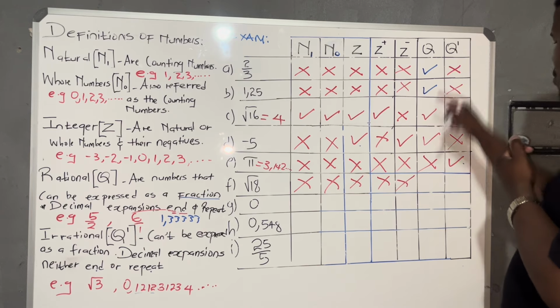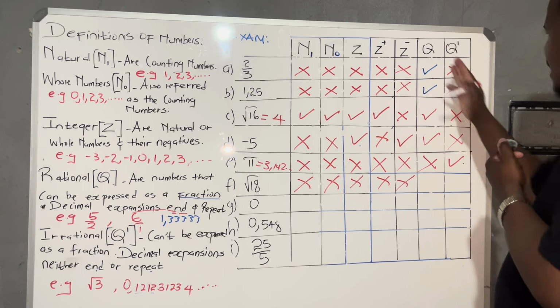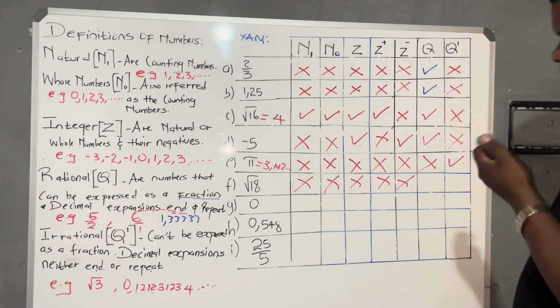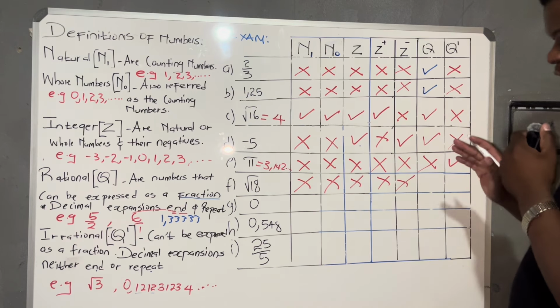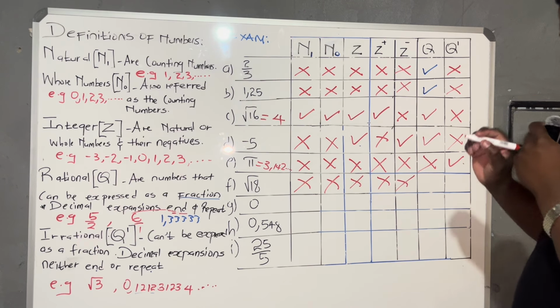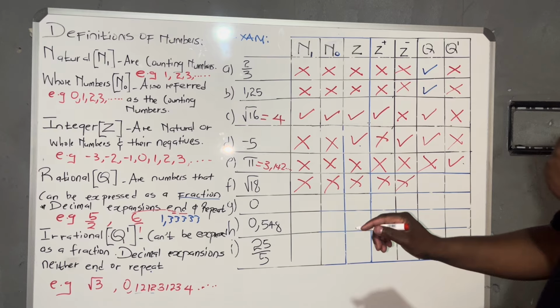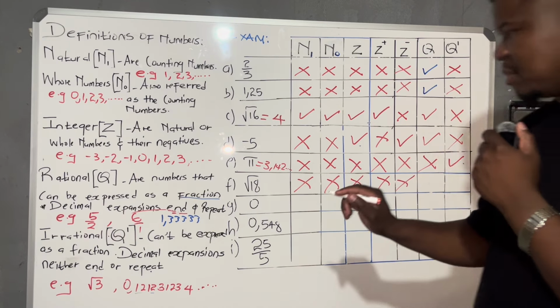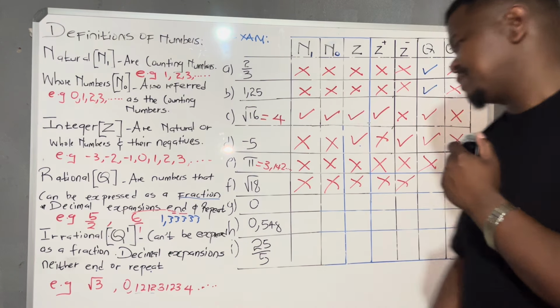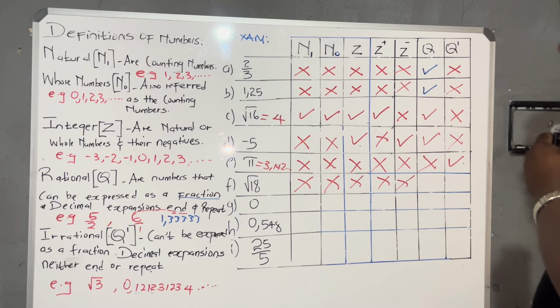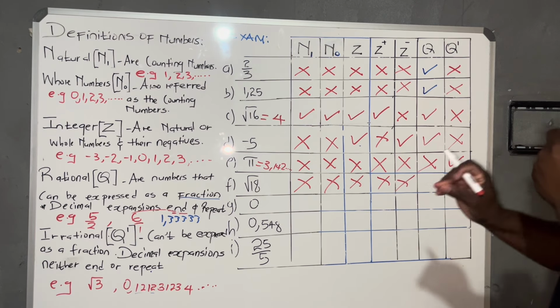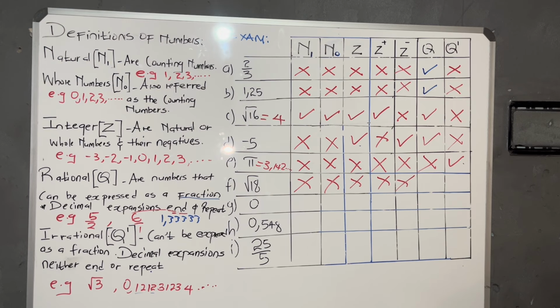Now, the argument can be between these two, rational or irrational. Just check one of the characteristics. If it's irrational, that means the decimal cannot repeat itself, and it doesn't end.